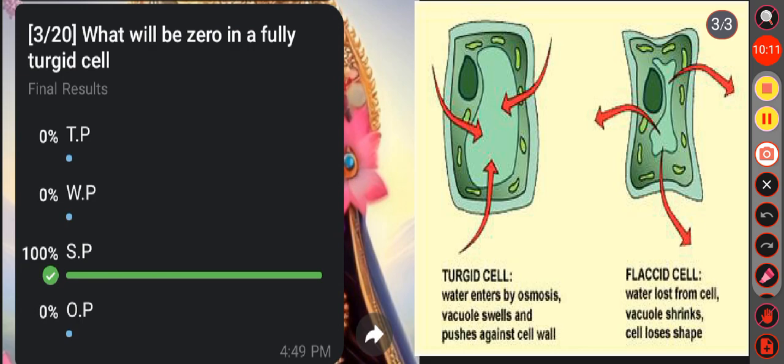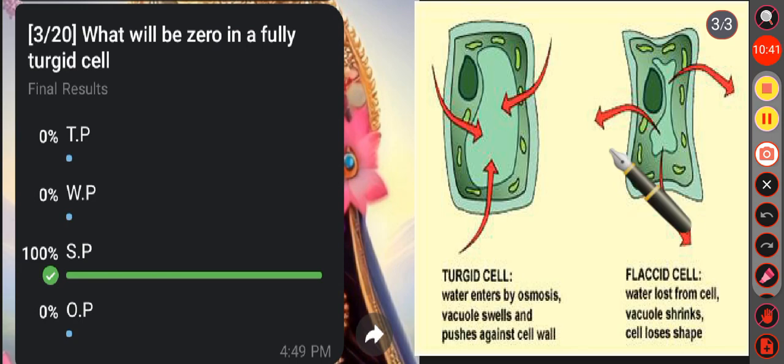Before that, what is a turgid cell? We just learned that when a cell is placed in a hypotonic solution, water enters into the cell by the process of endosmosis and the cell becomes turgid, or the cell expands. So this condition is called turgidity of the cell by the influence of the hypotonic solution.